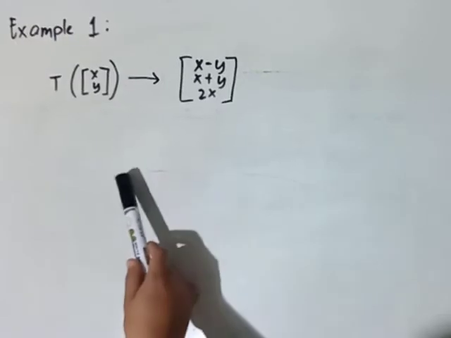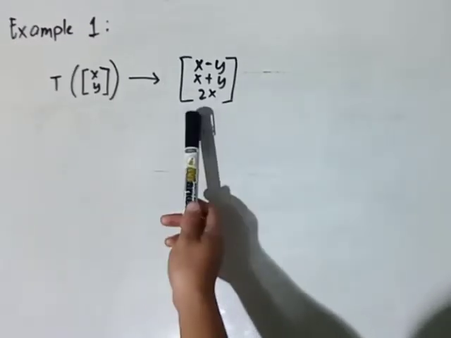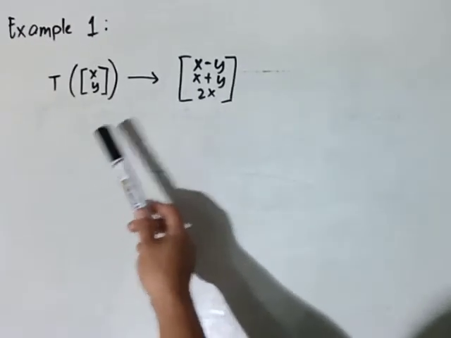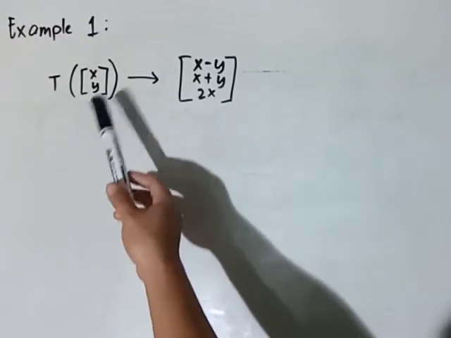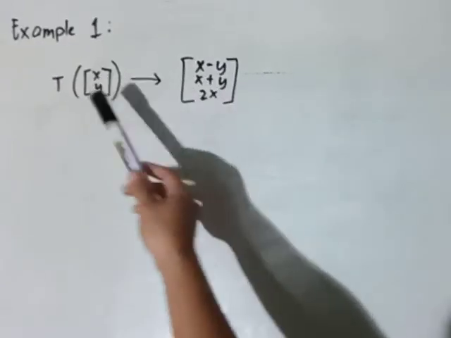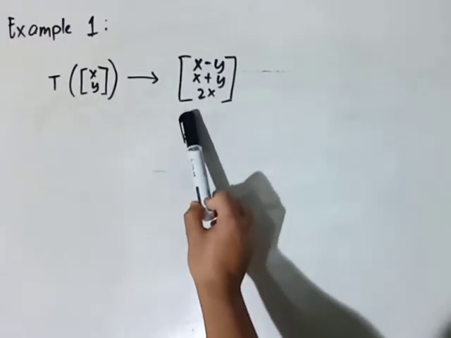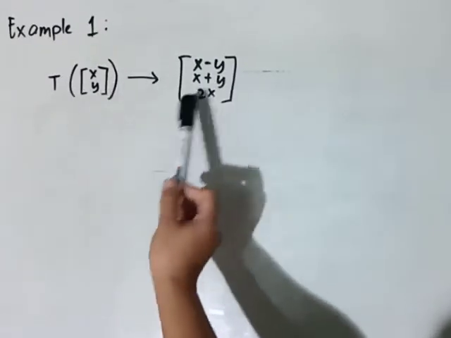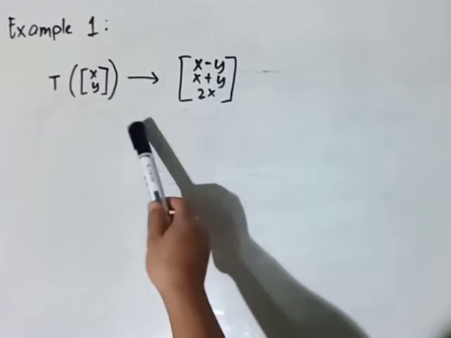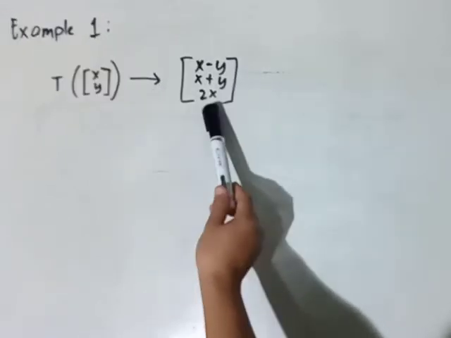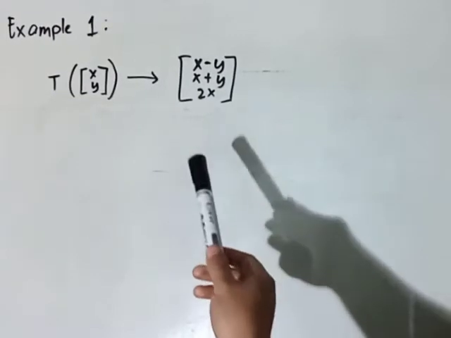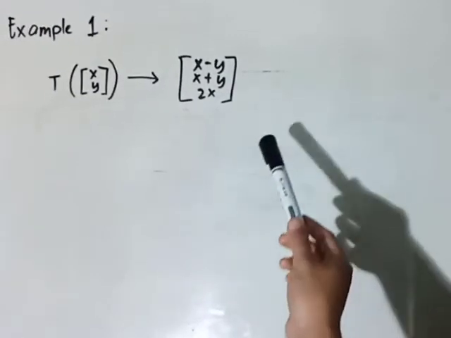In this transformation, we take the transformed components of this vector by first getting its first component, x, minus the second component, y, and then adding both components, and third, multiplying 2 by the first component. So that is the rule in this transformation.